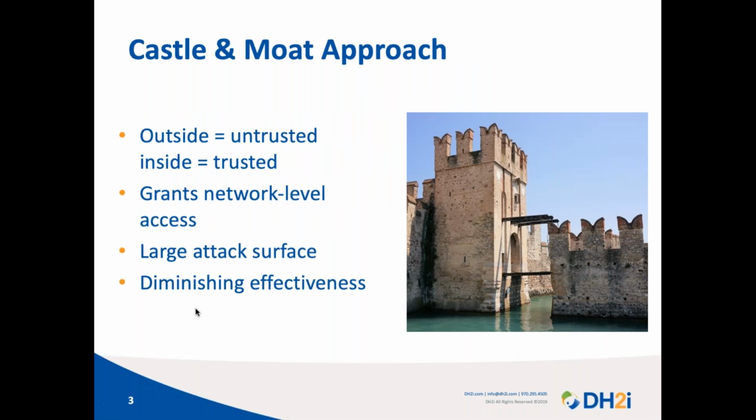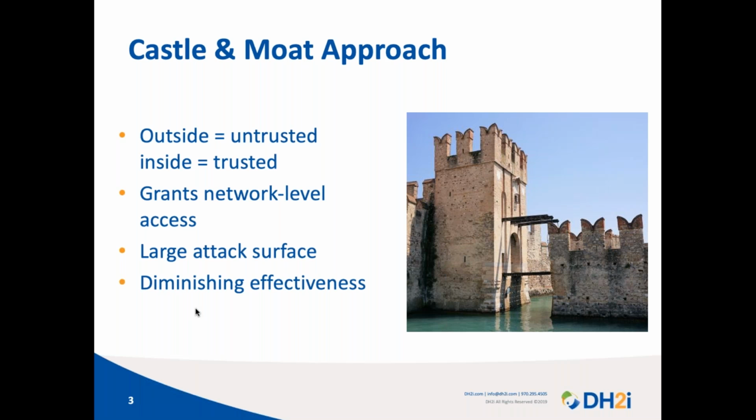A very classic approach to managing network security has been the castle and moat approach. Much like castles and moats, this approach to network security originated a very long time ago. Basically, it goes something like this. Any of the individuals or resources that are outside of this defined network perimeter is considered to be untrusted.